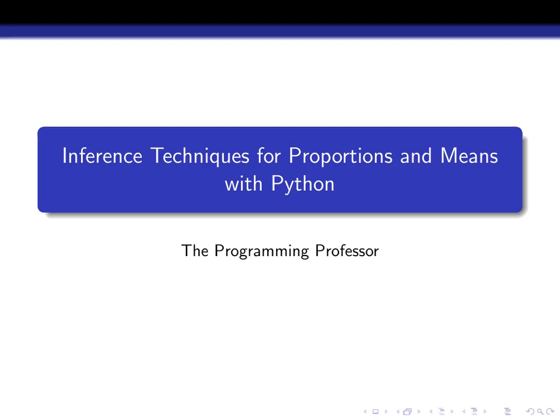Welcome to today's lecture on inference techniques for proportions and means with Python. Today, we're going to explore how statistical tests can be applied in data science to make informed decisions based on data.